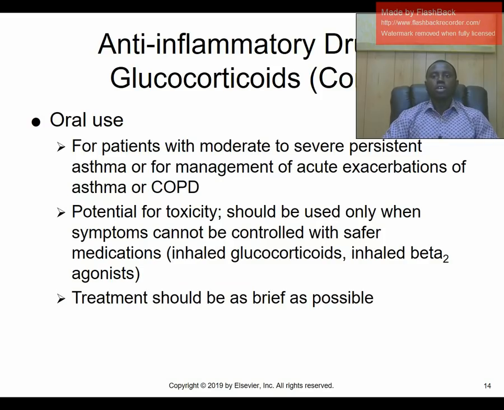So for osteoporosis, you as the nurse will encourage the client who is taking these classes of medications to increase muscle strength exercises, which will increase the bone strength, and also to take vitamin D and calcium.